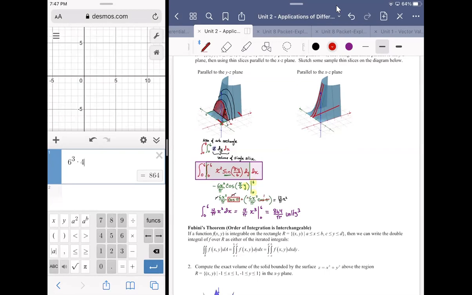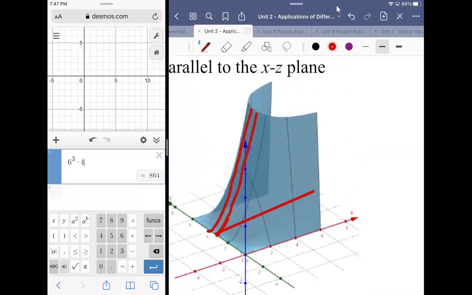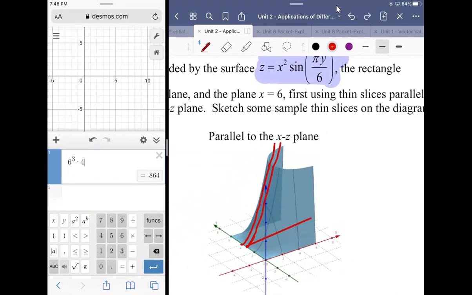Now, because it doesn't have a top to it, it doesn't have a cap, it's kind of hard to see what's going on over here. It's going up forever, really. But you have to imagine, because it is a continuous function, that it's going to eventually meet up somewhere up top. I just don't know where.